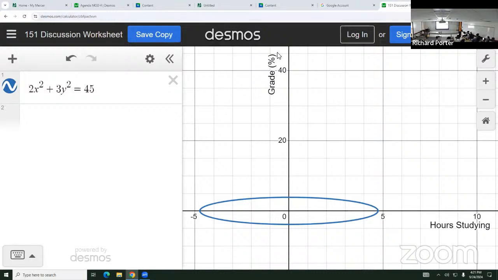While this is not a function, you could see that it might have a tangent line. A tangent line could look something like this, here's a tangent line right there. And to get that tangent line, you're going to have to know an x value and a y value, because this one right here is the same x value, but a different y value.